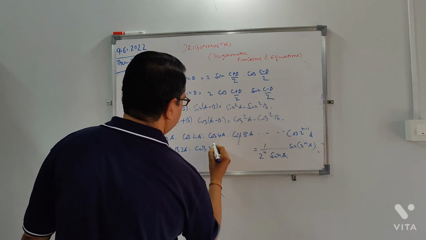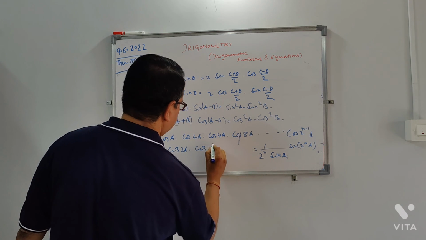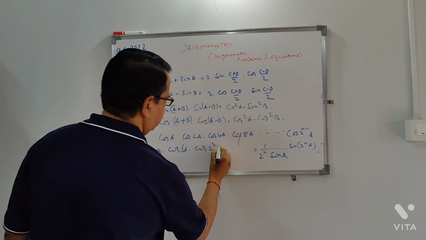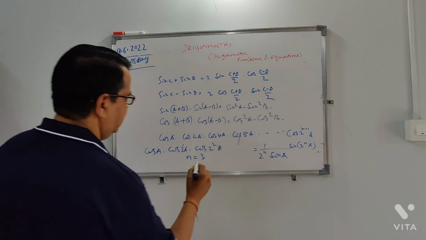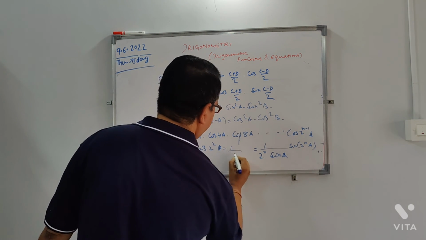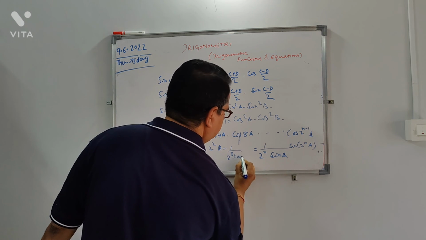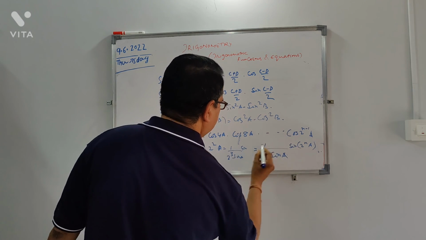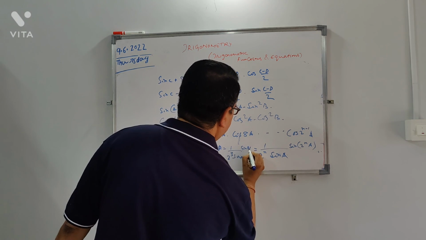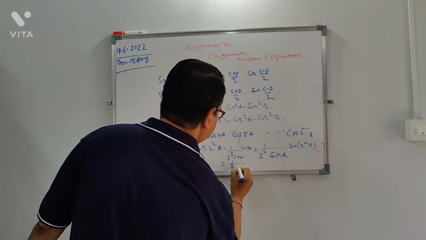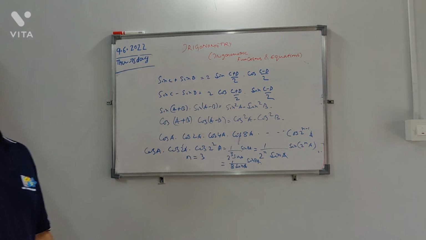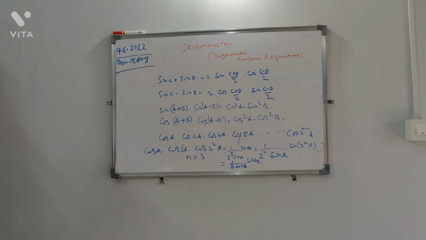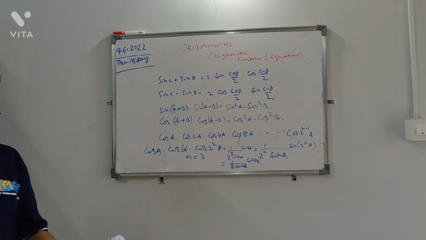Here n is equal to 3, so the result is 1 by 2 to the power 3 sin a into sin 2 to the power 3 a, which is 1 by 8 sin a into sin 8a. That is the answer. This is an important one which may come. You can take a snapshot of it, then we'll go to the other things.